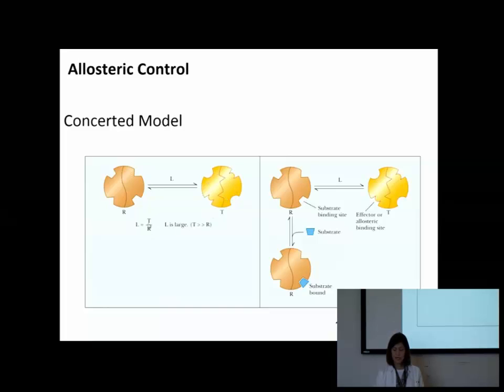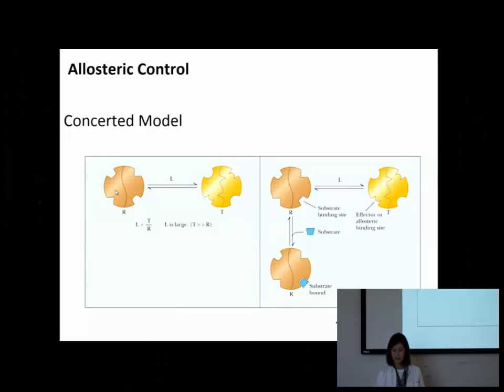What happens when substrate comes along? Say we have 100 enzymes, 99 of them are in the taut state, and only one of them is in the relaxed state. That one in the relaxed state binds the substrate. It pulls it out of our equilibrium.